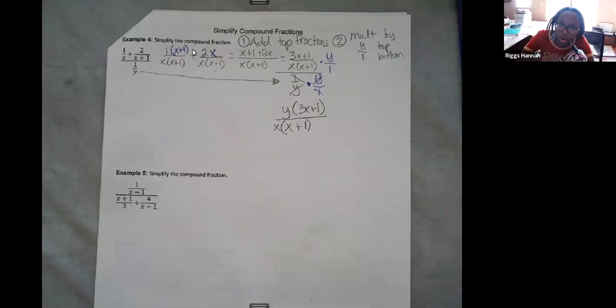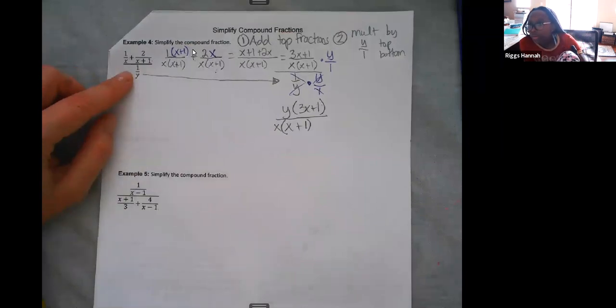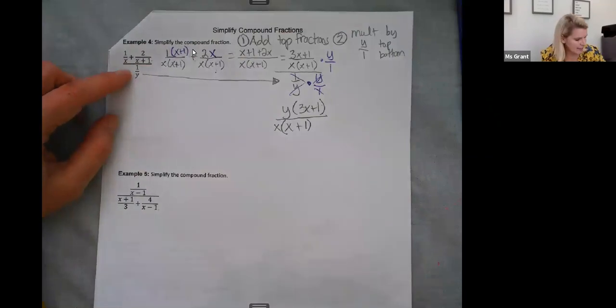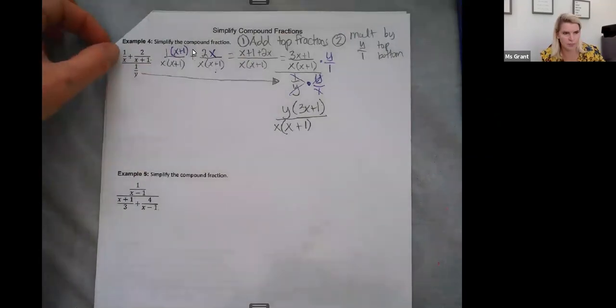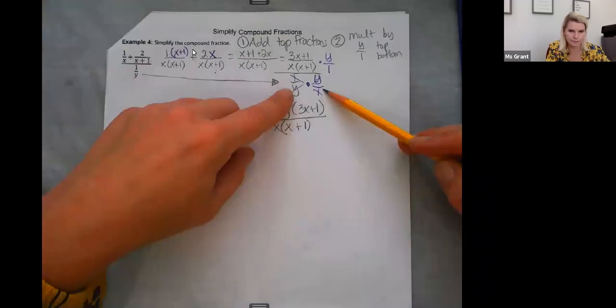Miss Grant, I have a question. Yep. So on questions like this, when there's a fraction in the denominator, do you always have to make the fraction go into the numerator? I had to add the top part before I could even think about doing the reciprocal in the denominator.